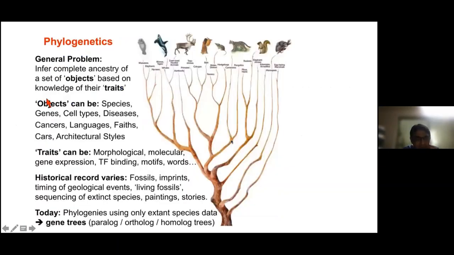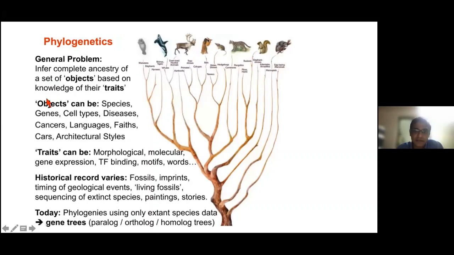So the basic problem, as I said, is that we infer the complete ancestry of a set of objects. These are objects which we can observe at this moment, but there are also extinct ones which we cannot work on at this moment. There are certain objects, like rhinos, manatees, bats, different rodents and elephants, for example, and the egg-laying mammals.